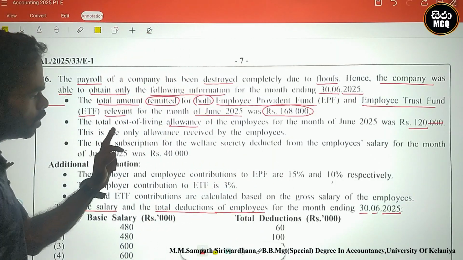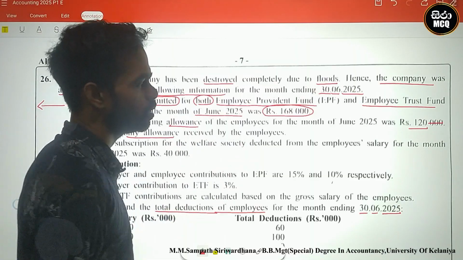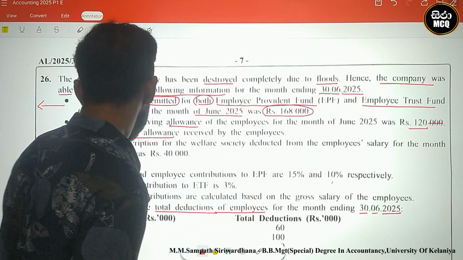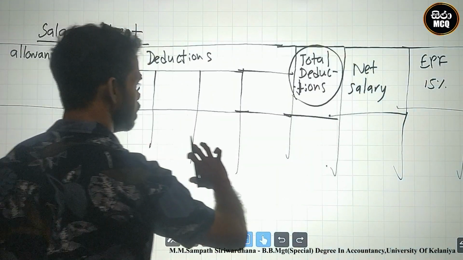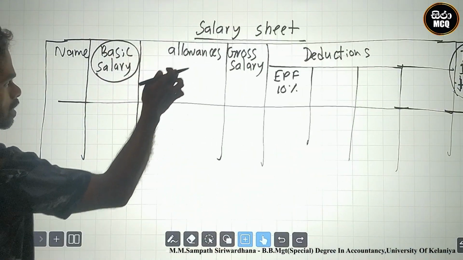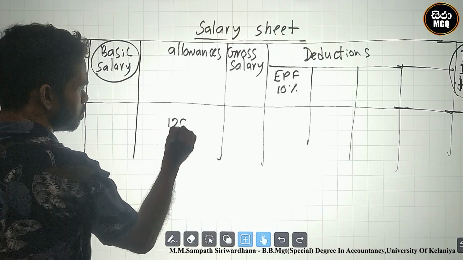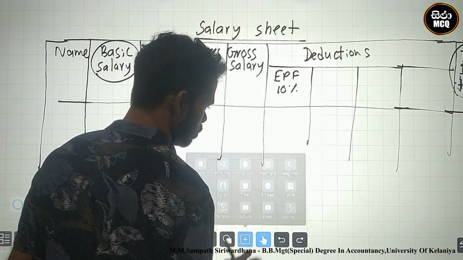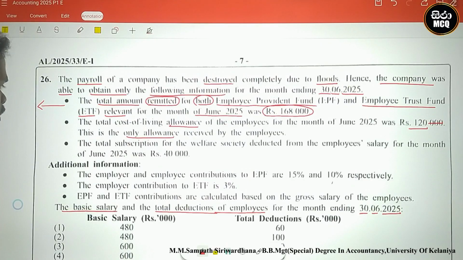This is the only allowance received by the employee. Look here, only one allowance, 120,000.